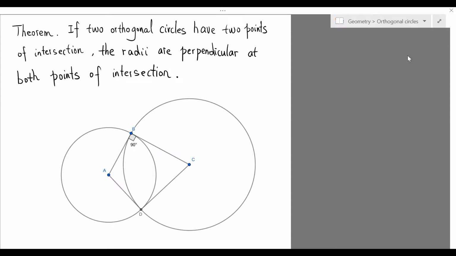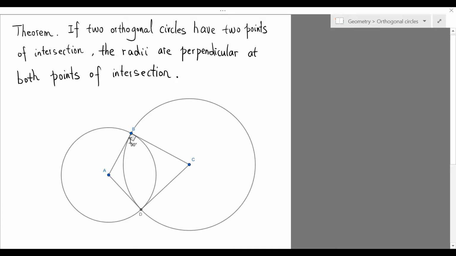It says that if two orthogonal circles have 2 points of intersection, the radii are perpendicular at both points of intersection. For instance, in the figure down there, we were given two circles which are orthogonal to each other. By definition, the radii of these two circles drawn to a common intersecting point must be orthogonal, or in other words, perpendicular to each other.